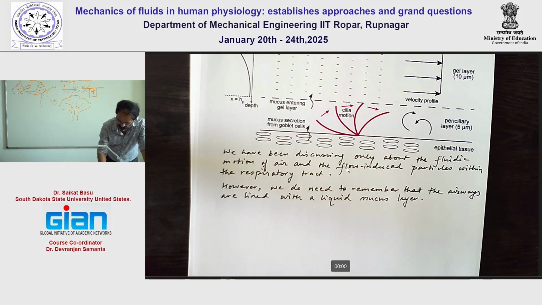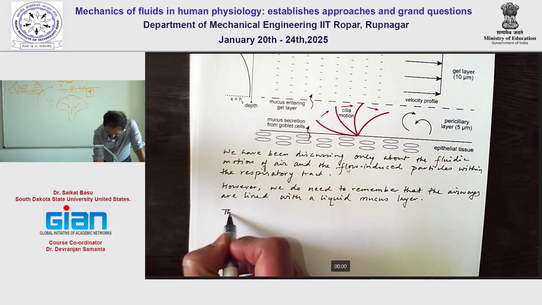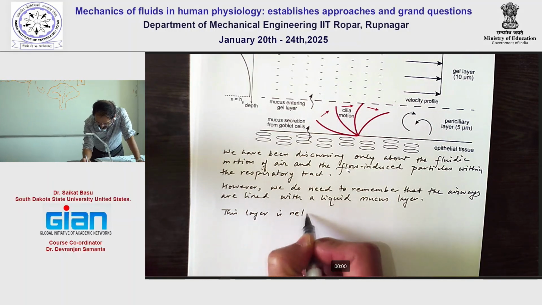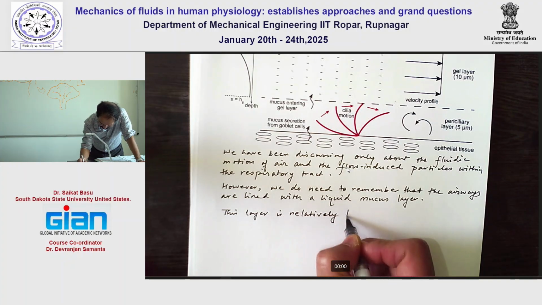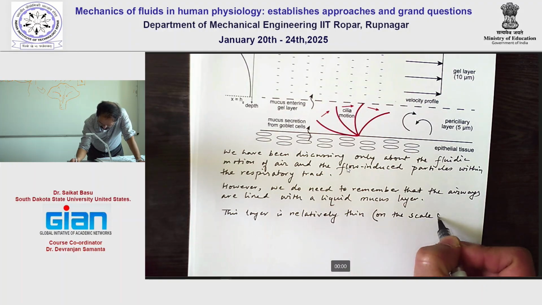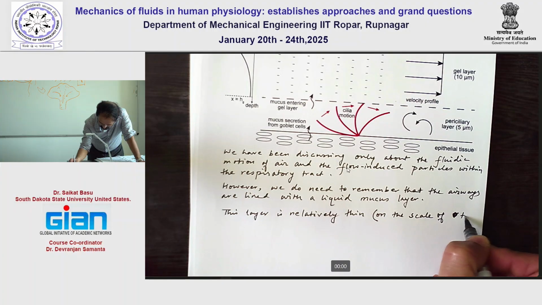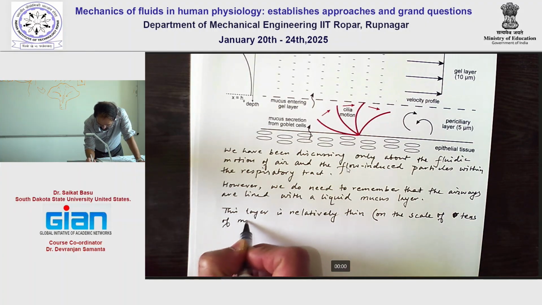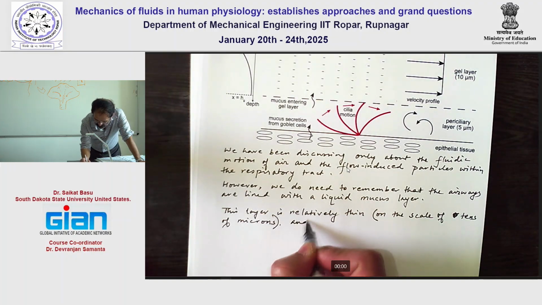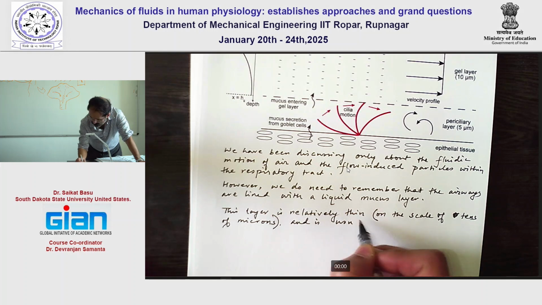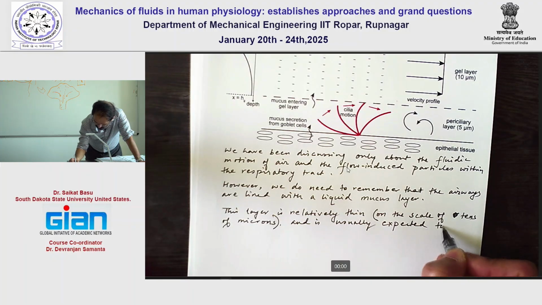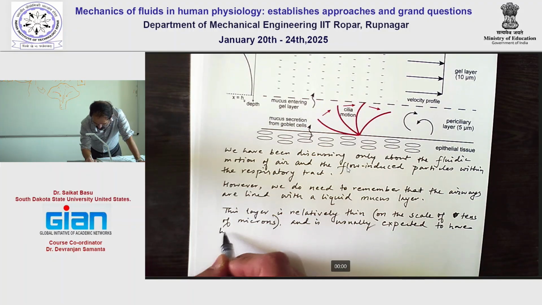Okay, so this layer is, let me keep on writing. So this layer is relatively thin, on the scale of tens of microns, and is usually expected to have little impact on the air mechanics.